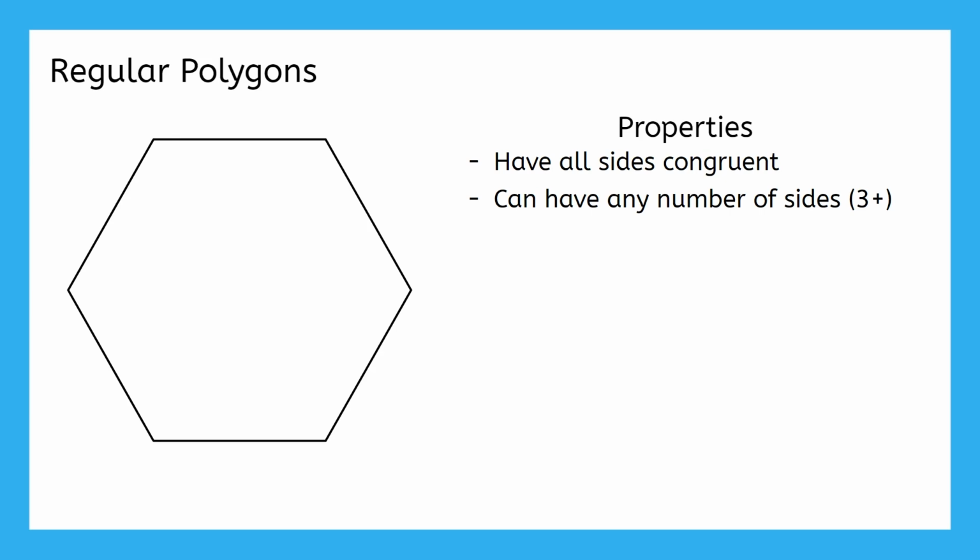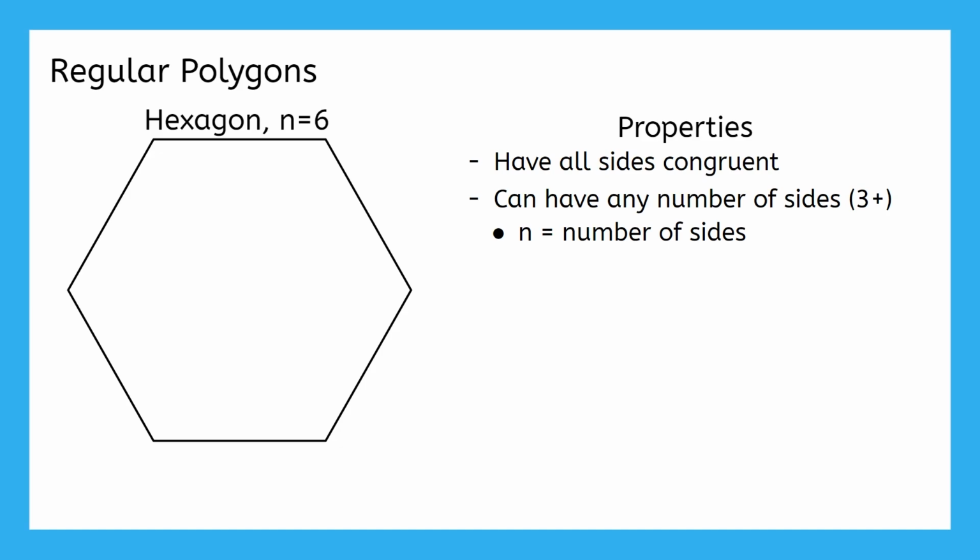And since there are many possible numbers of sides for a regular polygon, we use the variable n to represent the number of sides of any particular polygon. For example, this regular polygon on screen now has 6 sides. Do you remember the name for a 6-sided polygon? This is a hexagon, and for hexagons, n equals 6.